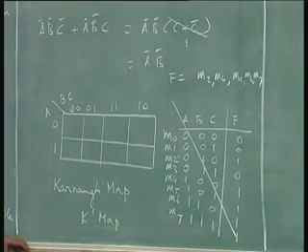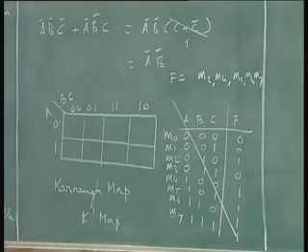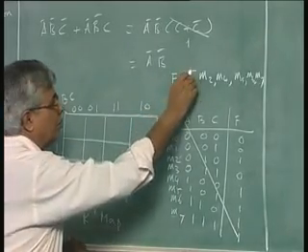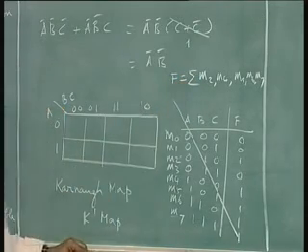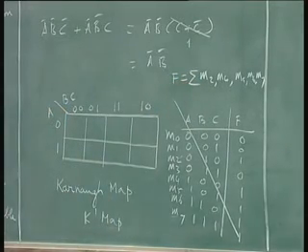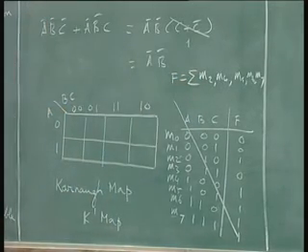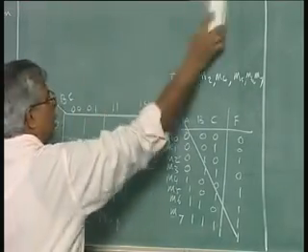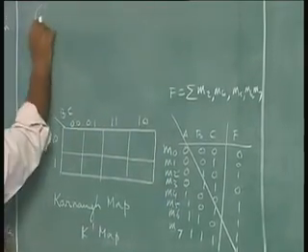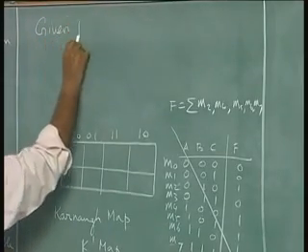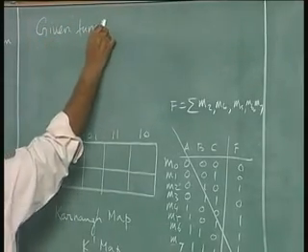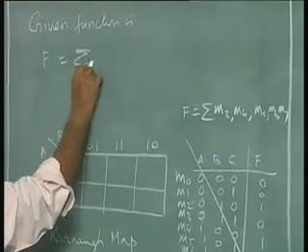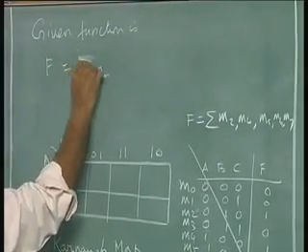Since it's a sum of product expression, remember each of these is a product term, I represent it by a sigma. So the given function is f equals sigma m of the minterms.